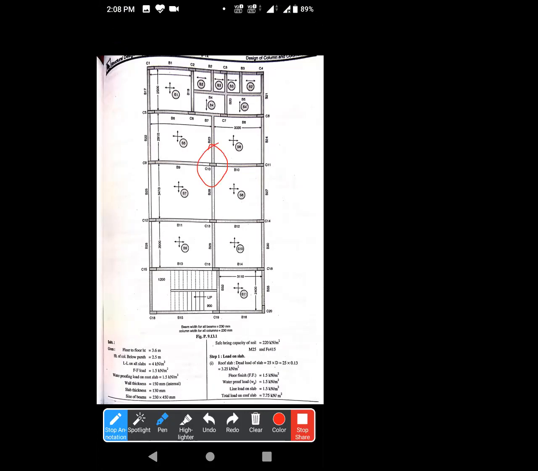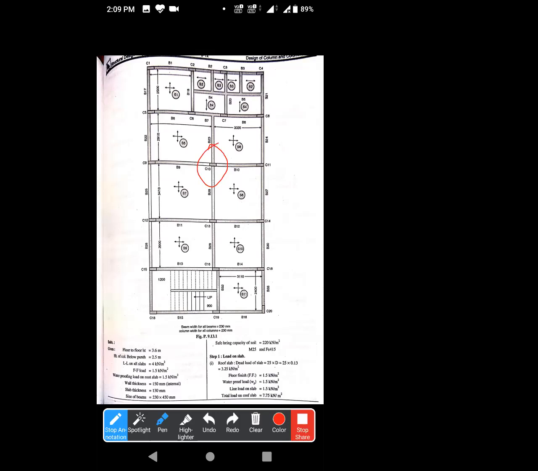Now, the details given are: floor to floor height is 3.6 meter. Height of column below plinth is 2.5 meter. The live load on all slabs is 4 kilonewton per meter square. Floor finish load is 1.5 kilonewton per meter square.